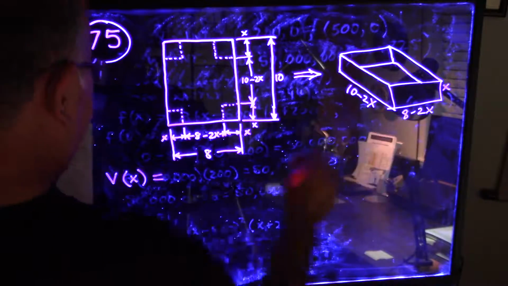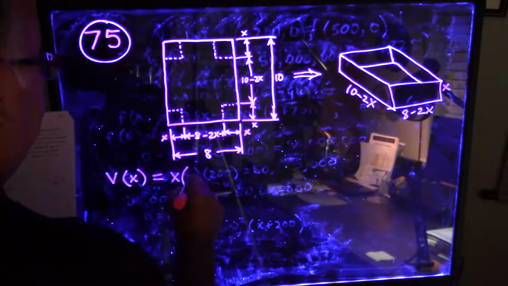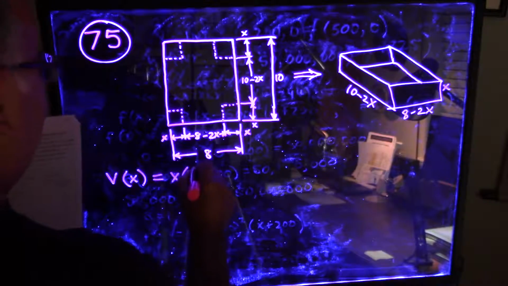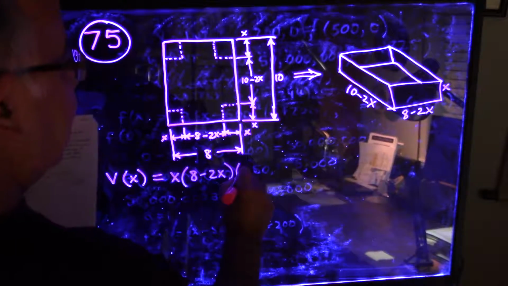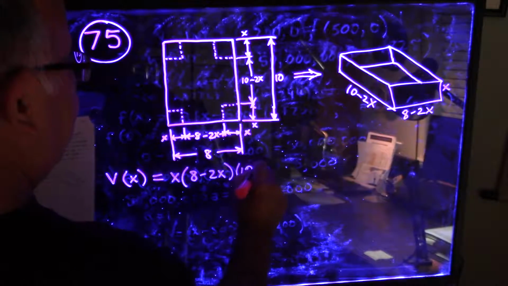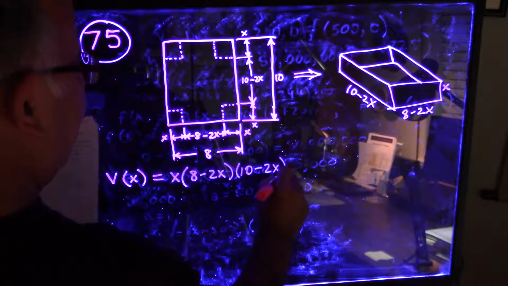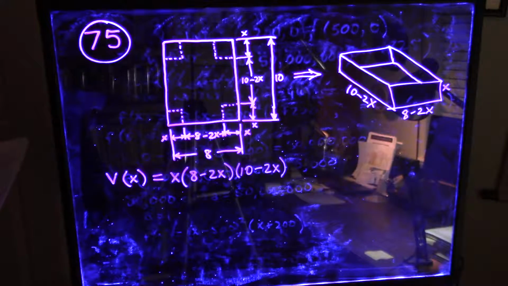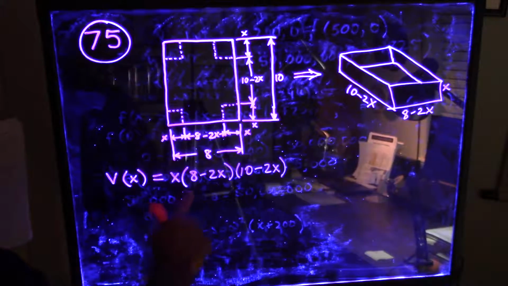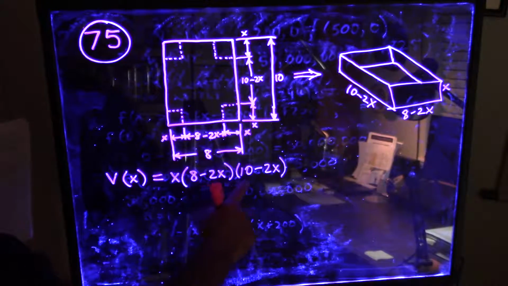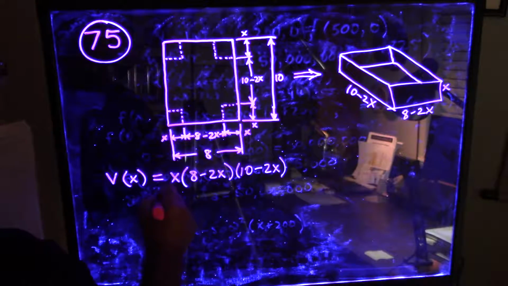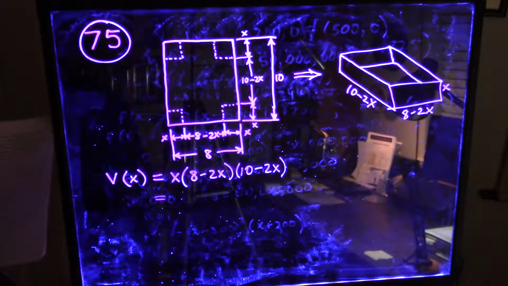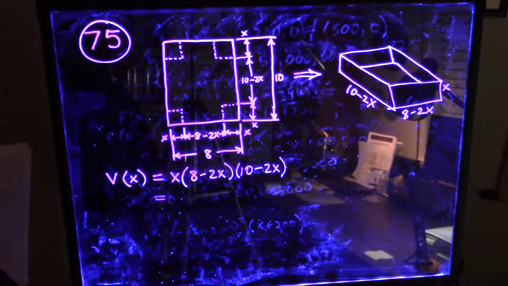So you've got x times 8 minus 2x times 10 minus 2x. It really doesn't matter what order you put this. Okay, I wrote the x first because it looks neater that way. And I wrote it in terms of increasing numbers here, but you don't have to do that. When you expand it, it all comes out the same anyway.